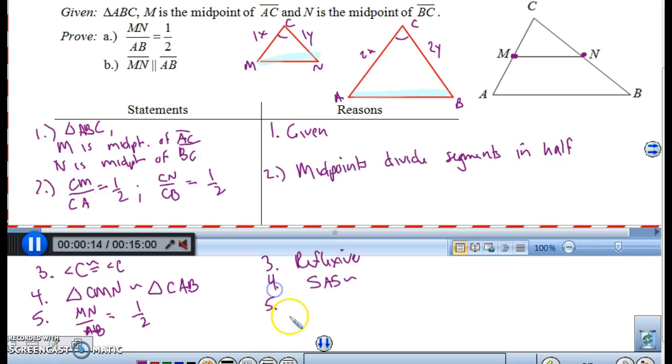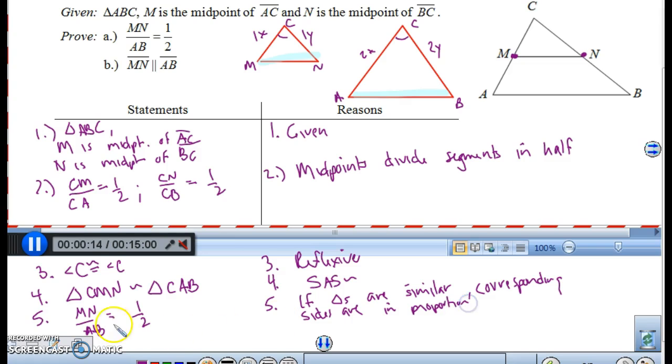Now, the reason for that is if triangles are similar, corresponding sides are in proportion. So there we go, they have the same ratio. Since we proved back here that CM to CA is 1 to 2 and CN to CB is 1 to 2, and the triangles are similar, MN to AB must also be 1 to 2.